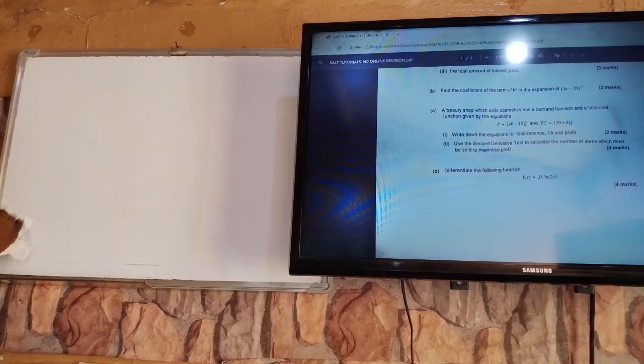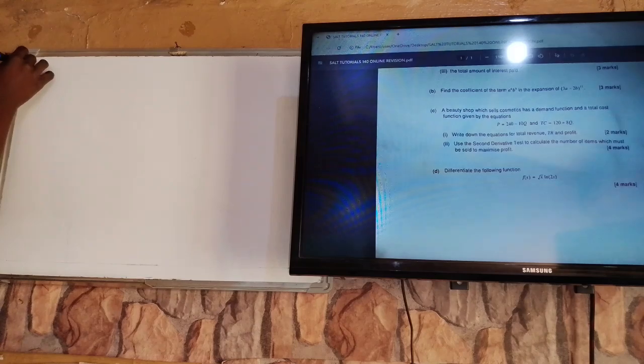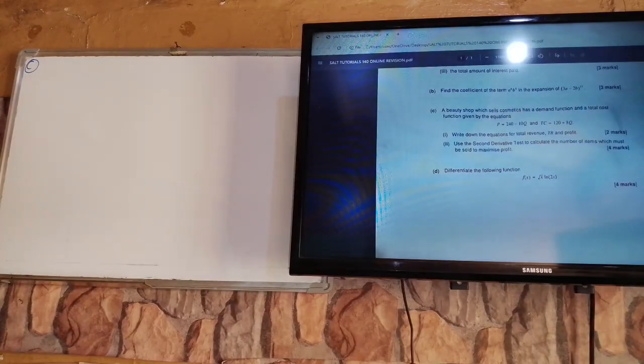Question number C says, a beauty shop which sells cosmetics has a demand function and a total cost function given by the equation.